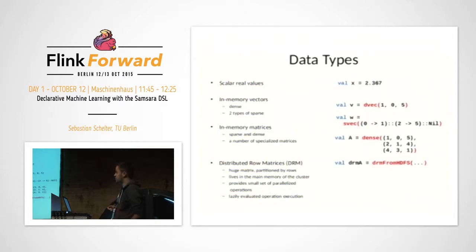And that is by intention, because a lot of the operations that you can do if your matrix is in memory and you have random access are very, very hard to scale. So this distributed matrix only offers you the operations that are easy to scale. That helps to prevent programmers from writing hard to parallelize code. And a lot of these operations on the distributed row matrices are special, and we will see some examples later.